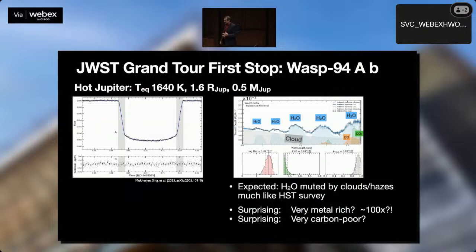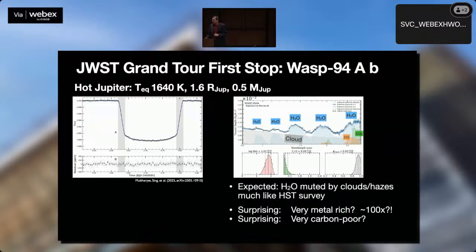That would be very surprising from planet formation, to have a planet this enhanced in heavy elements. Also, it's very carbon poor. There are not many carbon species visible in the spectrum, and that's also rather surprising.